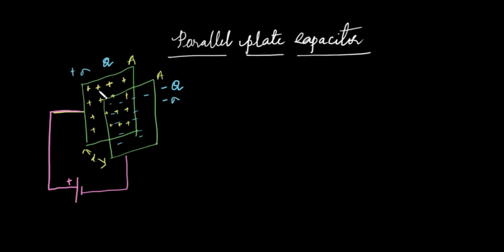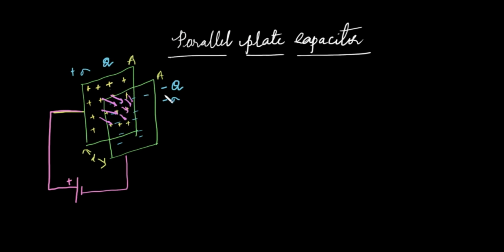So now we have positive charge and negative charge, so an electric field will get developed between these two plates. The electric field will be from this plate to this plate.